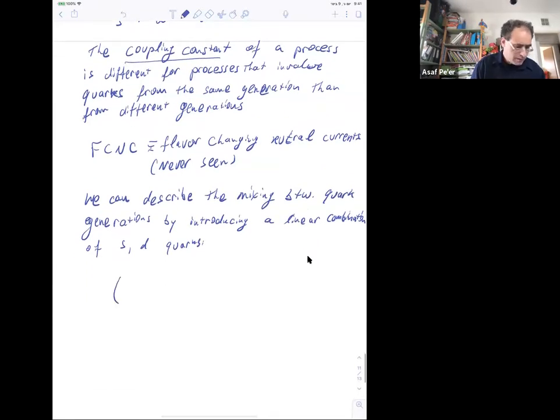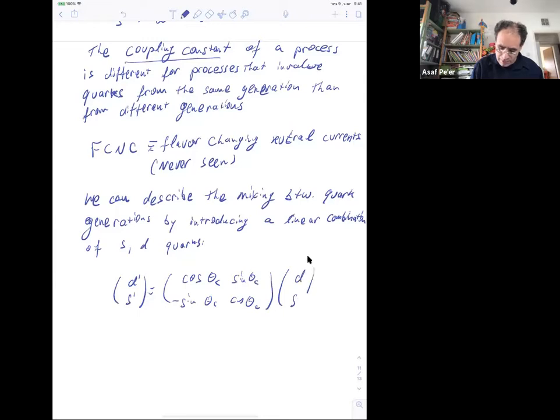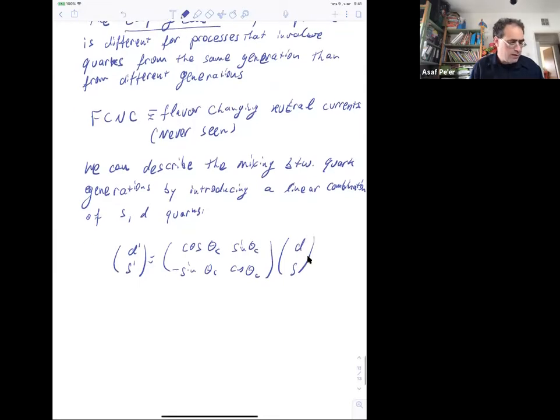So we can say, (D prime, S prime) is the matrix (cosine theta C, sine theta C; minus sine theta C, cosine theta C) acting on (D, S). Now the C here is the Cabibbo angle.